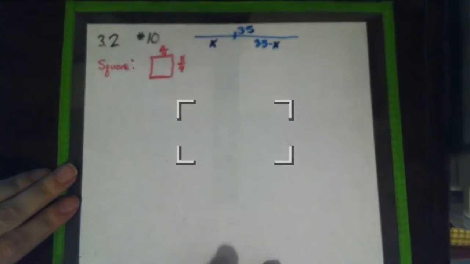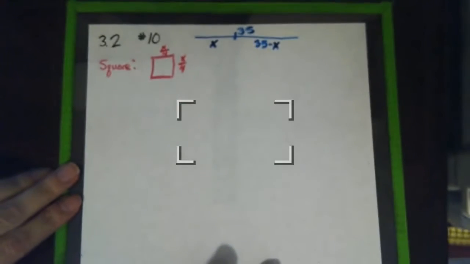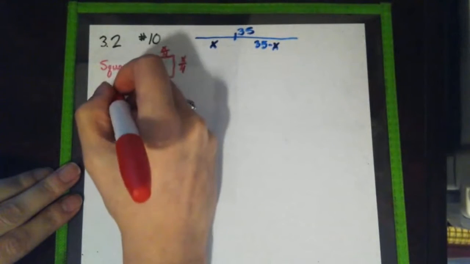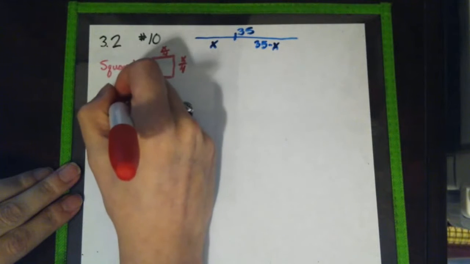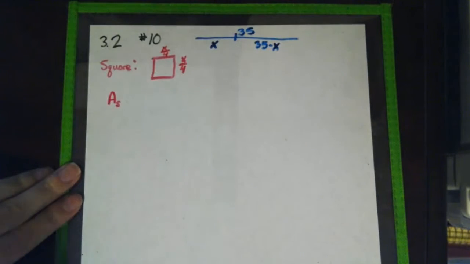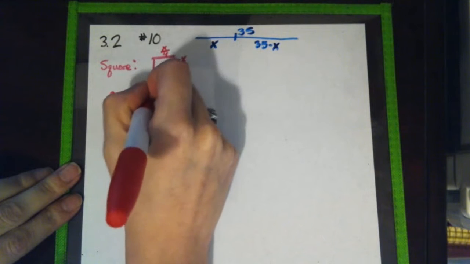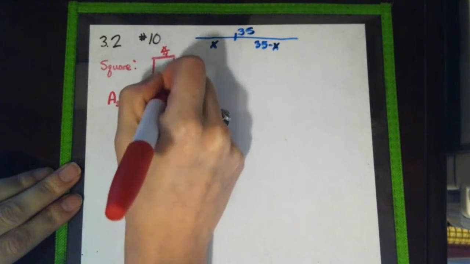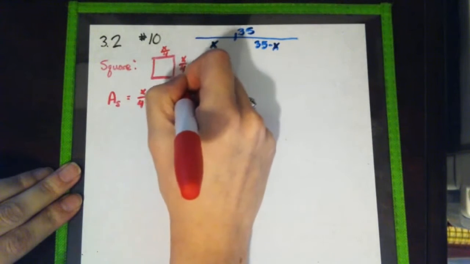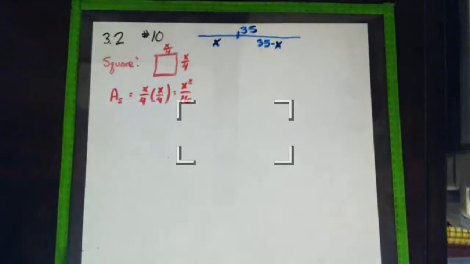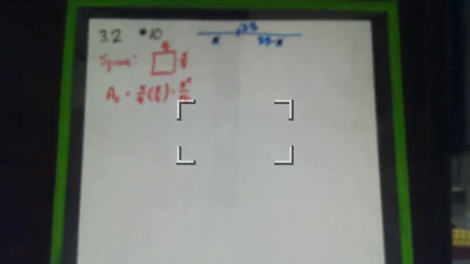This letter A that we're working with is the area, or at least part of it. So the area of the square, I'll use A sub s, is equal to length times width. That will be X over 4 times X over 4, which is X squared over 16. That is the area of our square.